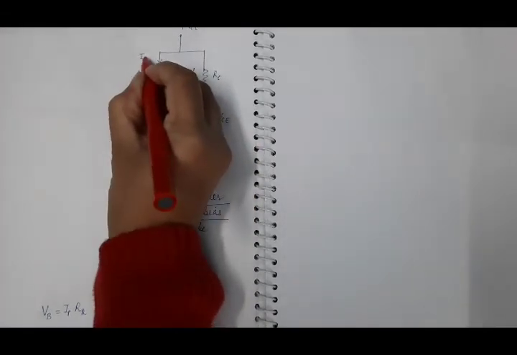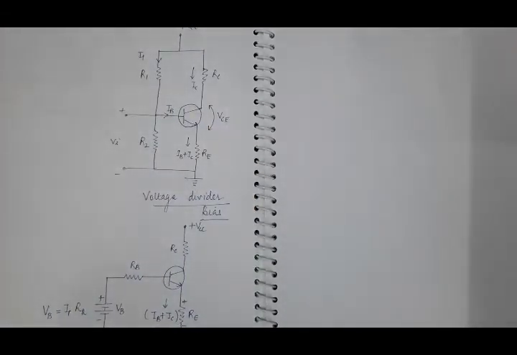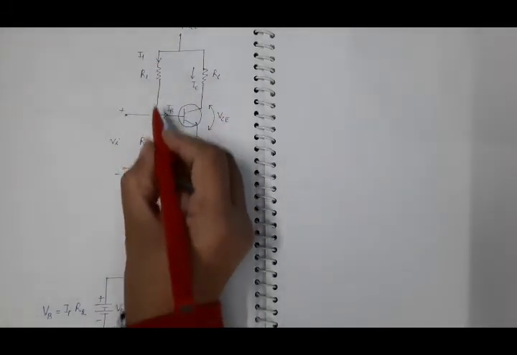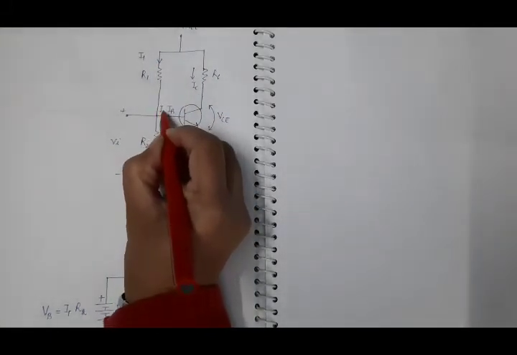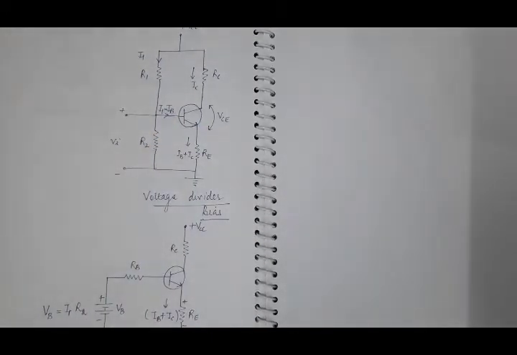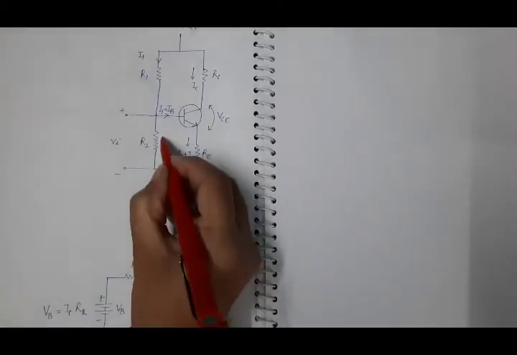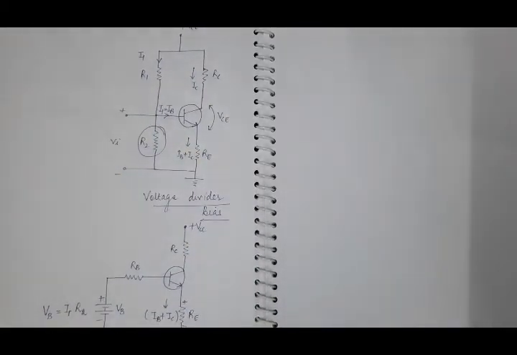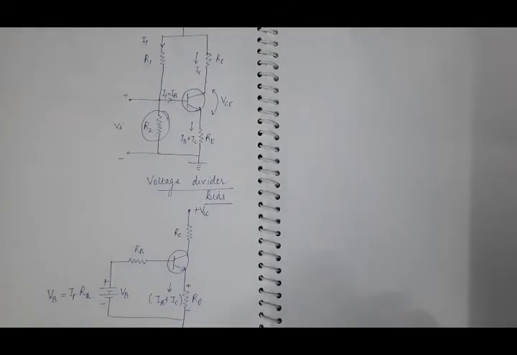This is the current I1. The same I1 current will flow through this. So basically, what is the base voltage? It is the voltage drop across this resistor R2. So VB is equal to I1 R2.